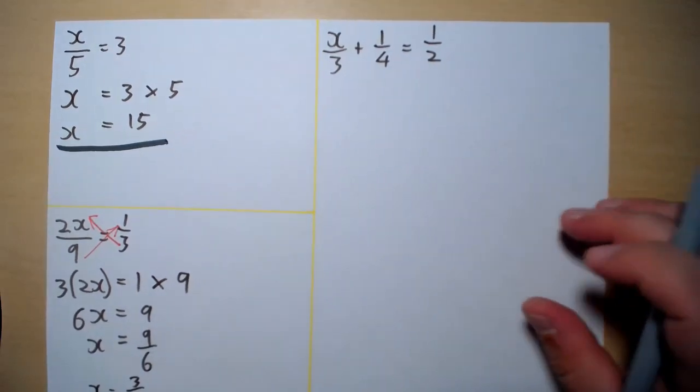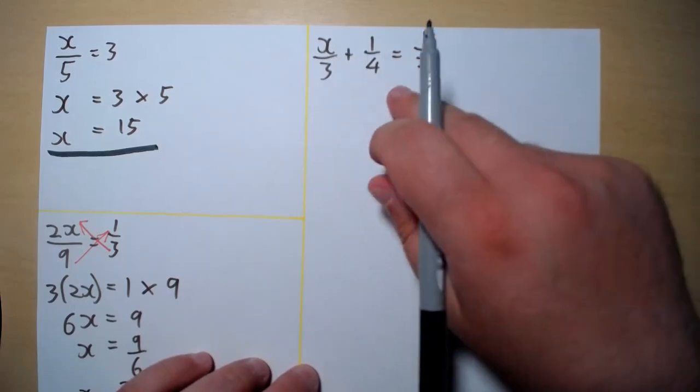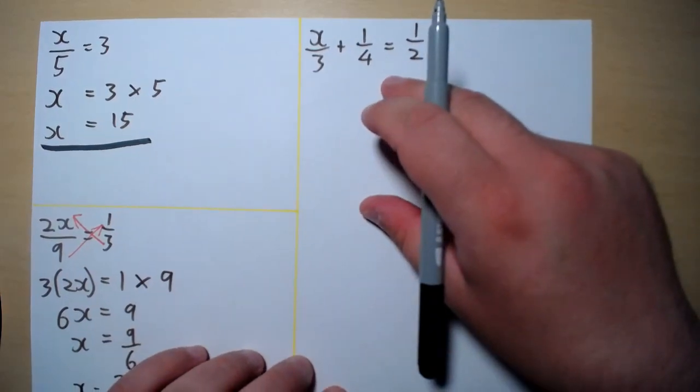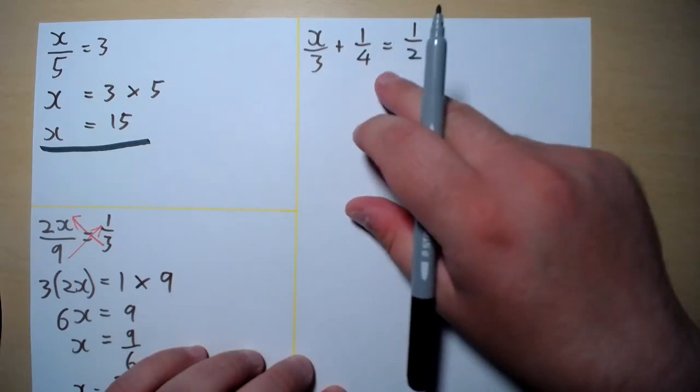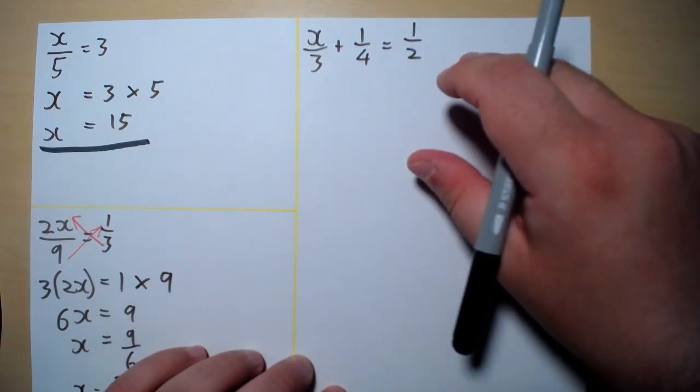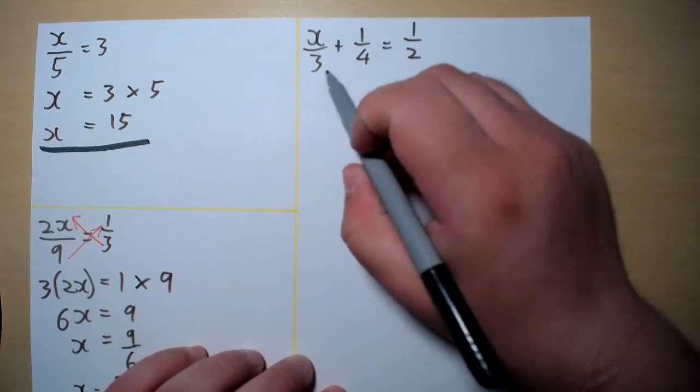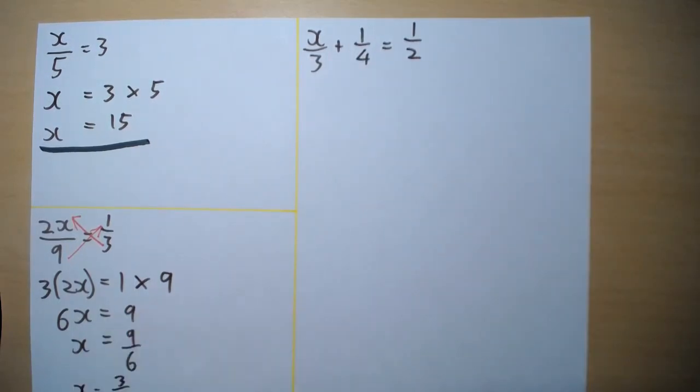Now here we have a more complex one. In this case, we don't have a fraction is equal to another fraction. Here we have two separate fractions. Therefore, we cannot use cross multiplication.